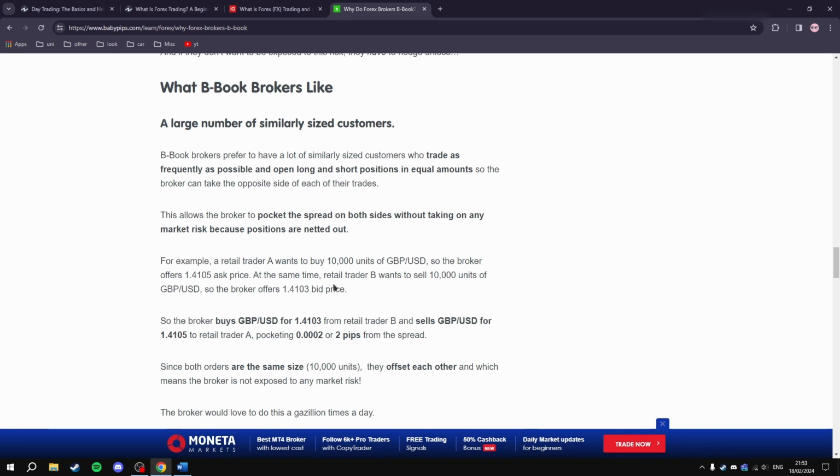For example, a retail trader A wants to buy 10,000 units of GBP/USD, so the broker offers a 1.4105 ask price. At the same time, retail trader B wants to sell 10,000 units of GBP/USD, so the broker offers a 1.4103 bid price.